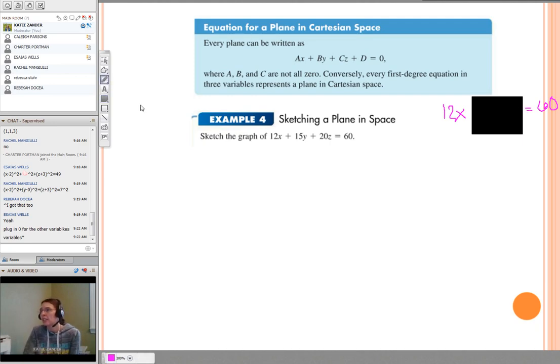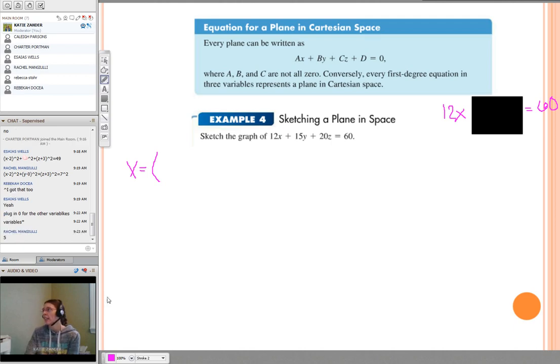What would be the x-intercept of that graph? So what's the x-intercept for that graph? 5, right? Because 60 divided by 12 is 5.